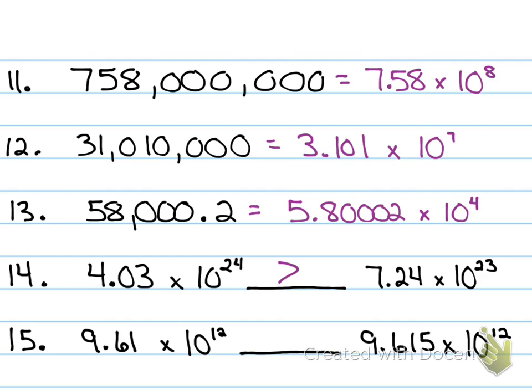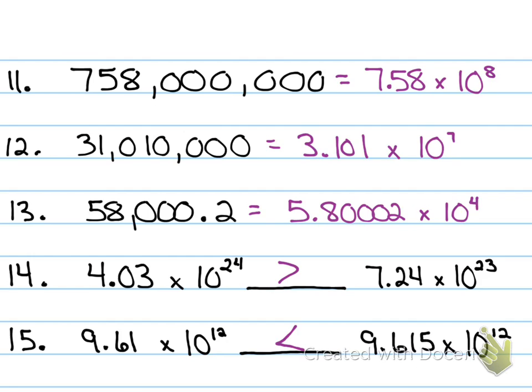Someone raise your hand. How did you come up with your answer? Michael. I looked at the exponent and I looked at the regular number and I decided that number was greater than that. Very good. So less than. Very good.